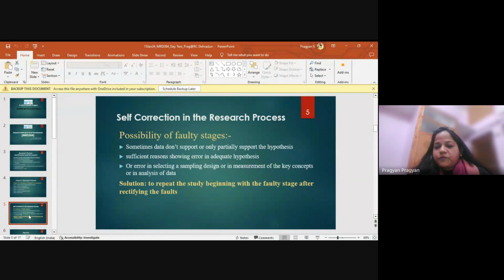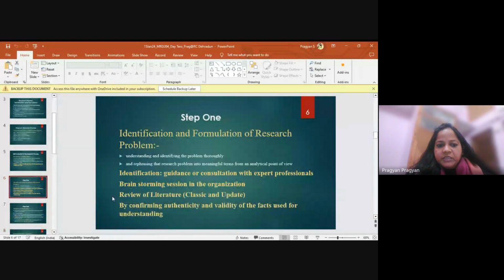So, when you are going through that formulation stage of your research problem, you have to understand very precisely how you are going to measure the relationship of those important variables in your study. In that term, hypothesis is basically all about understanding and identifying the research problem thoroughly.